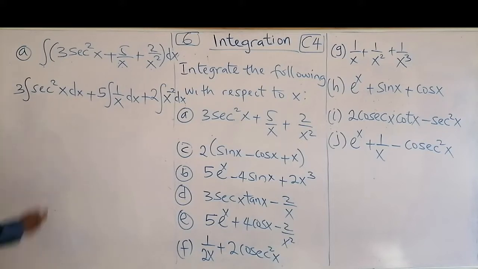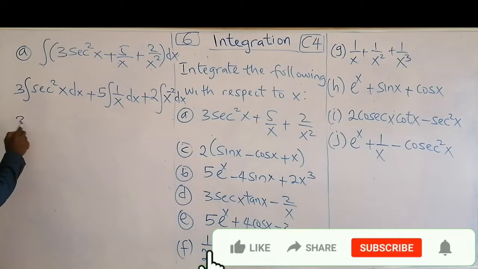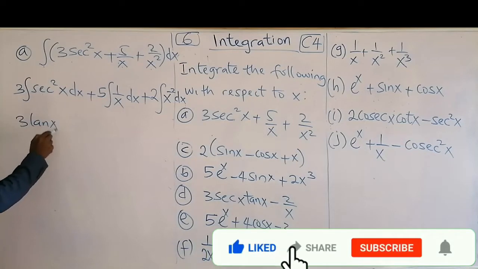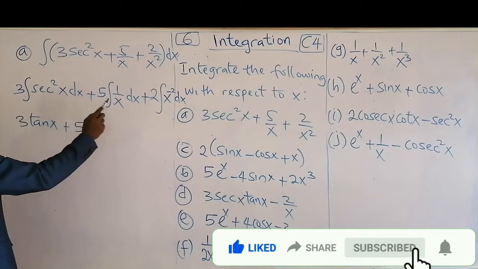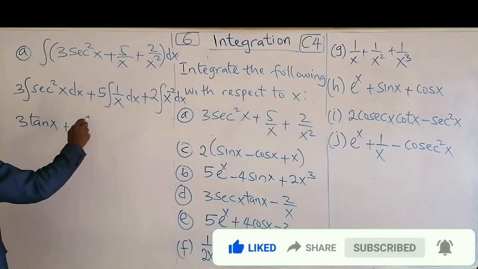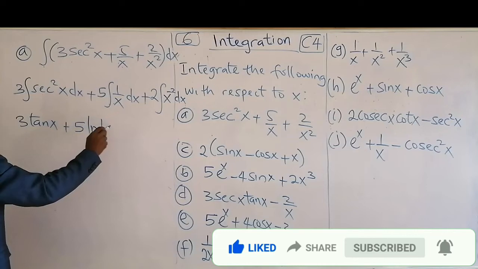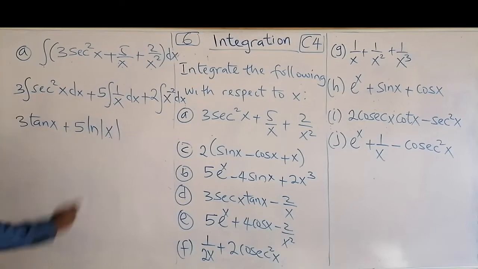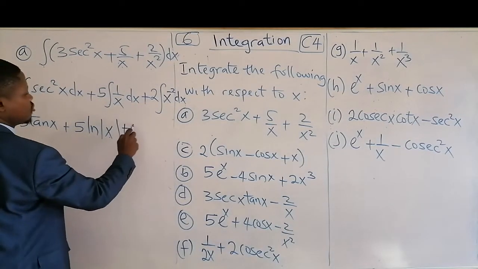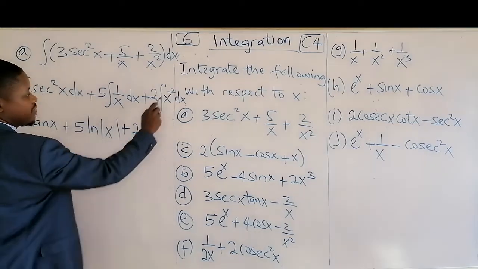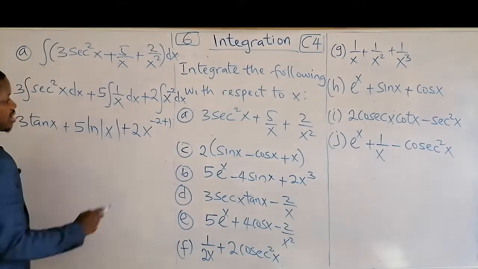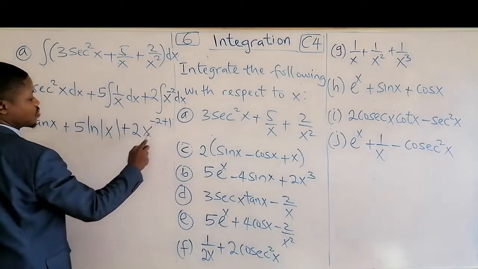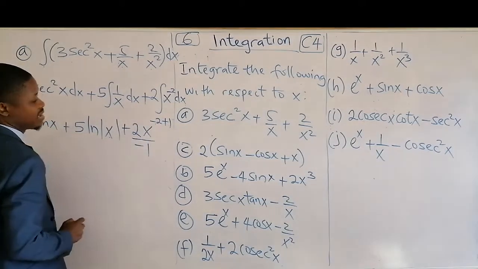Then let's apply our table, our 6.1. This will be equal to 3 tan x, plus 5, this one on the table is ln, you put the absolute value, ln |x|. Then this one will be plus 2, apply your general formula for integration, minus 2 plus 1, which will give us minus 1.